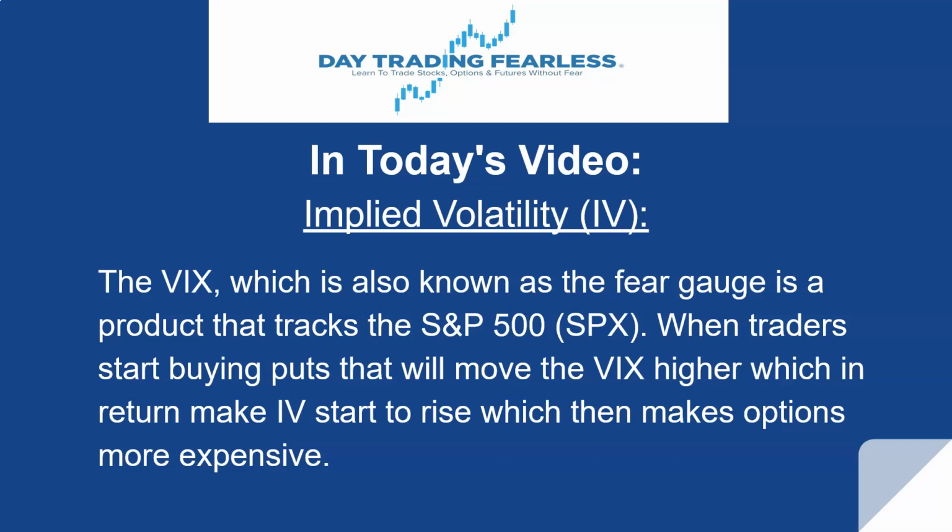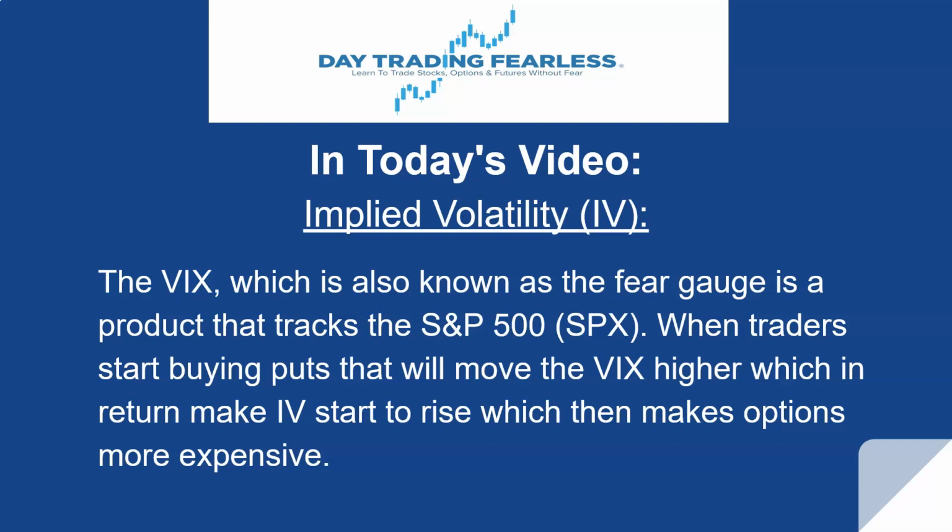So the VIX is an implied volatility product, right? It's something you can actually trade. ETNs or ETFs of it are VXX, TVIX, things like that, where you could bet on implied volatility going up or down.